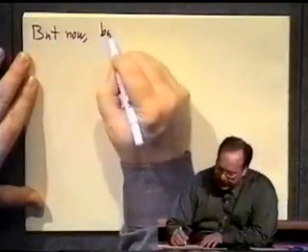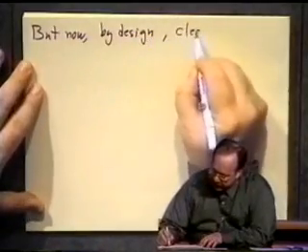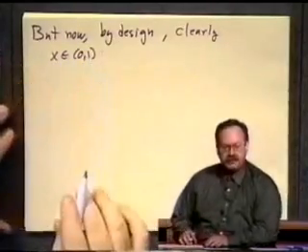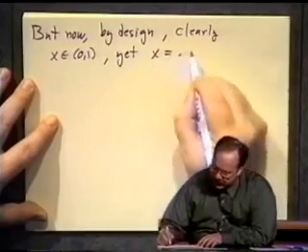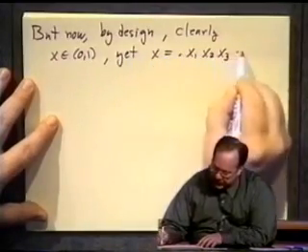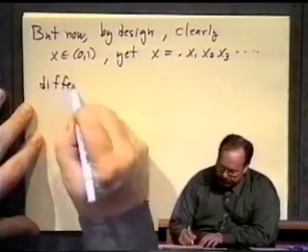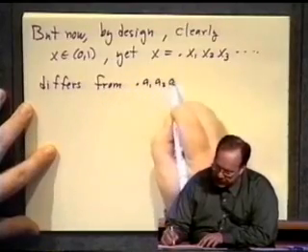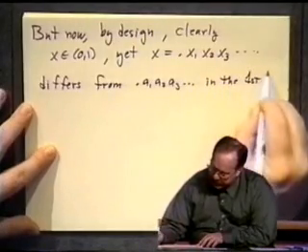But now, by the design or the construction, clearly we have that x is in the interval (0, 1). It's a decimal. And yet x, which is 0.x1 x2 x3, etc., and I'll write this out this way, differs from the first one, 0.a1 a2 a3 out to infinity in the first decimal.